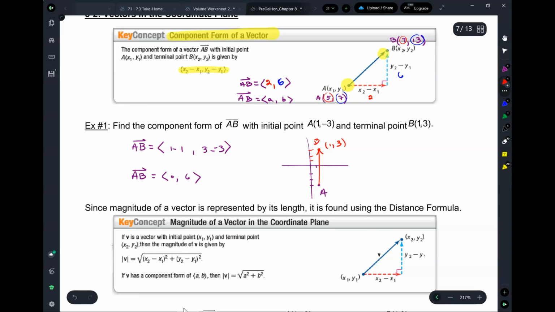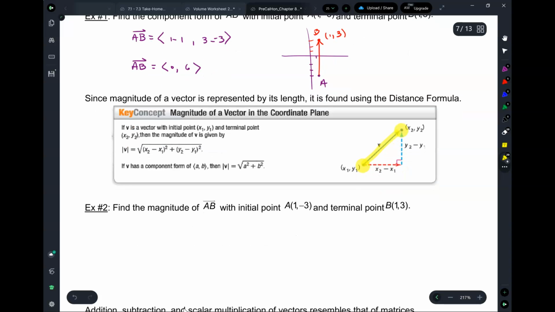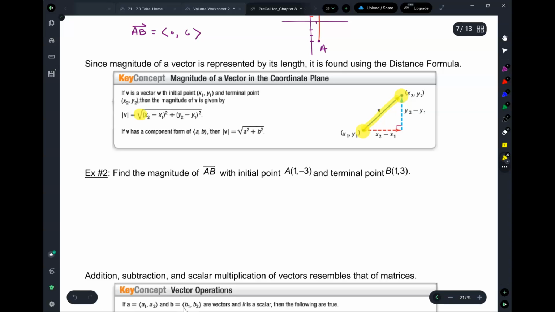All right. Now, how about the magnitude of a vector? If all you're given is this point and this point, are you able to find the magnitude of vector V using the distance formula? Yeah, of course you can. What is the distance formula? It's the square root of x2 minus x1 squared plus y2 minus y1 squared.